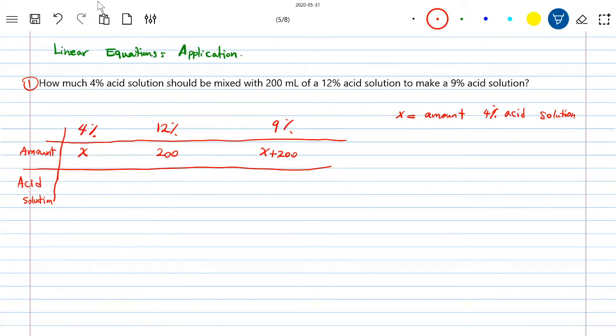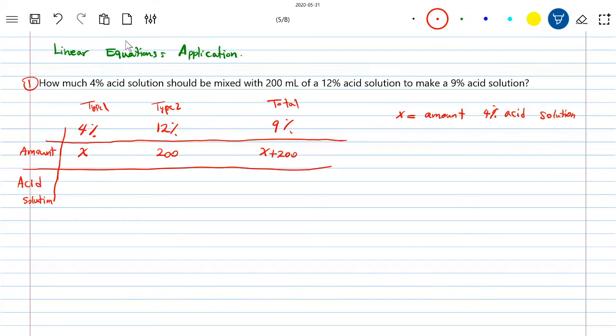This is the way the textbook uses, so I'm going to use their idea exactly the same way. There are different types of acid. This is type 1. It has 4%. Second type is type 2, 12%. If you do this mixture, you will get in total 9% acid solution.